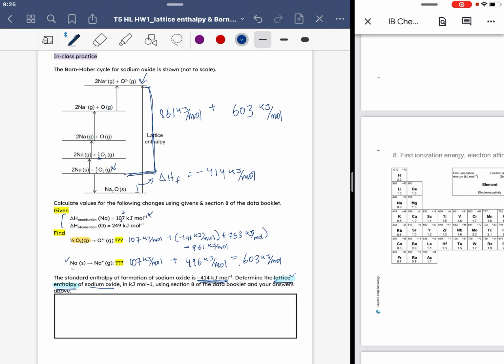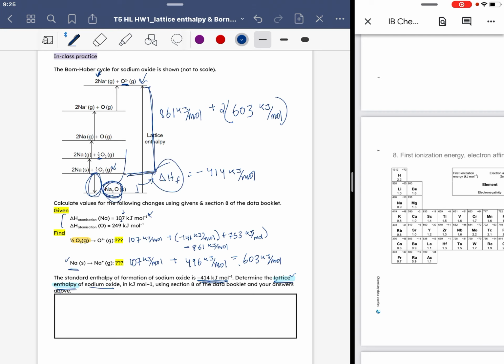But notice sodium, you need 2 sodiums for every one to form 1 mole of sodium oxide. So 2 sodiums I account for just like that. All right, and now this arrow is going in the other direction. Awesome. So that means I'm going to subtract my delta H of formation.